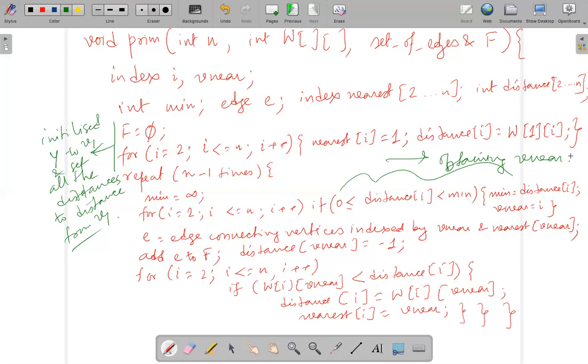This is where you are remembering the minimum distance vertex from Y. Now you are adding the edge, and then finally you are adding this minimum distance vertex back to Y and updating the distance and nearest data structures accordingly. So this, in a nutshell, is the algorithm to achieve the minimum spanning tree using Prim's method.